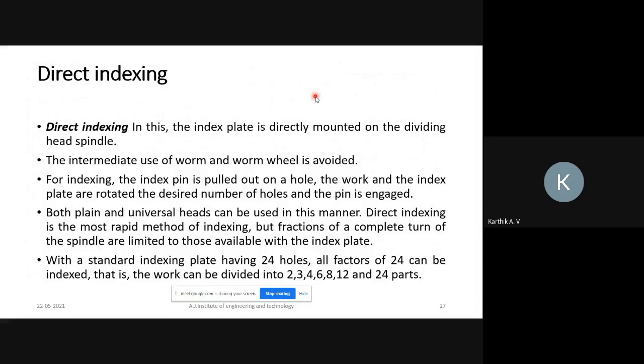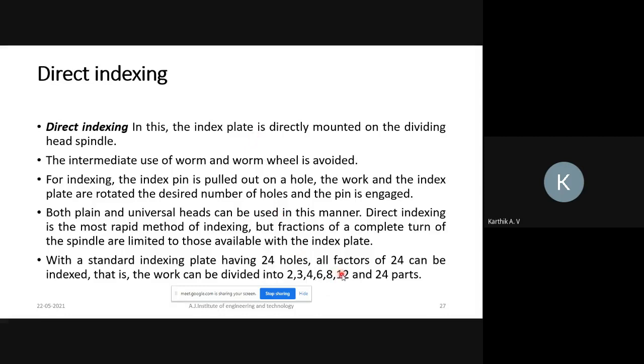So the direct indexing mechanism plate has a total of 24 holes. Okay, 24 holes, so the number of parts you can divide into should be a multiple of 24 itself. Okay, other divisions are not possible with the help of the direct indexing mechanism.